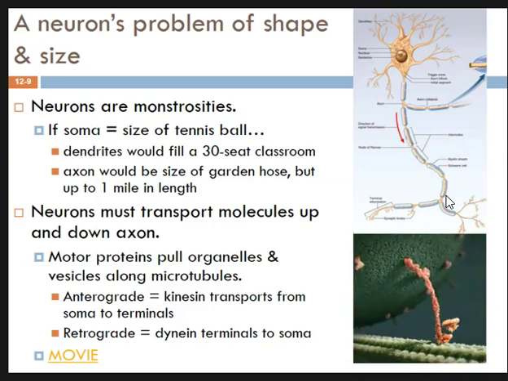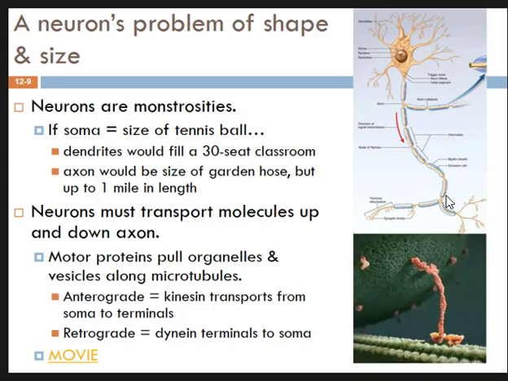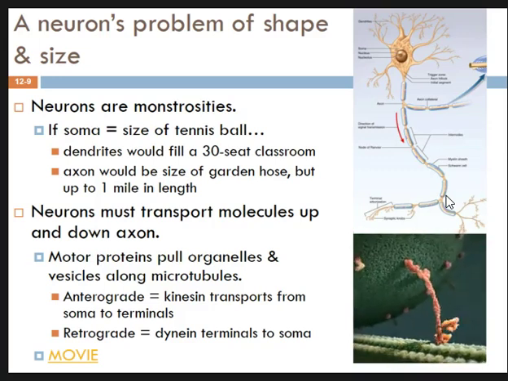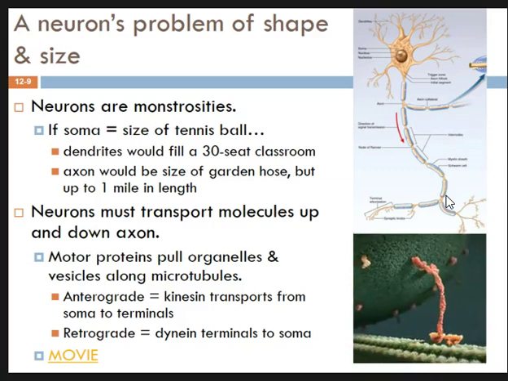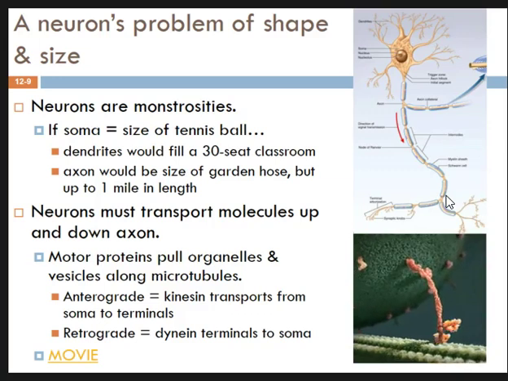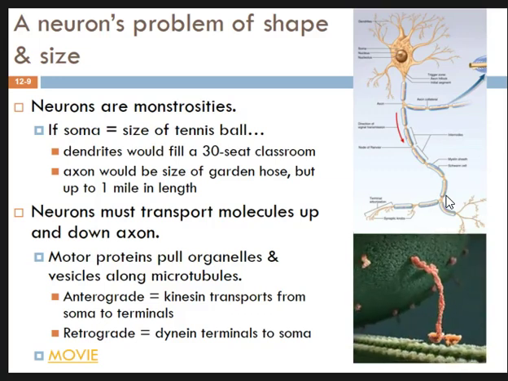We were doing this metaphor with the tennis ball and the garden hose, but there are literally sensory neurons that begin at the tip of your toe, with axons that travel all the way up your leg, into your spinal cord, and then the axon continues, without having talked to any other cell yet, all the way up to the base of your brain, the medulla. That's about 1.5 meters long, a single cellular process going that entire distance.